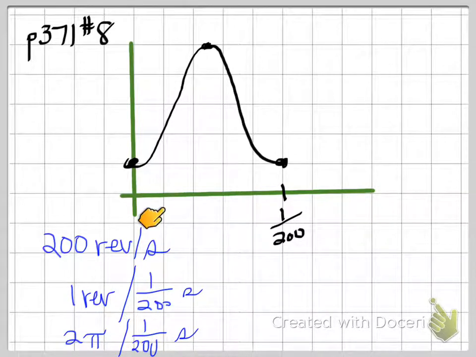So the first part would be 1/800, then 1/400, then 3/800, and we would find the value for that.